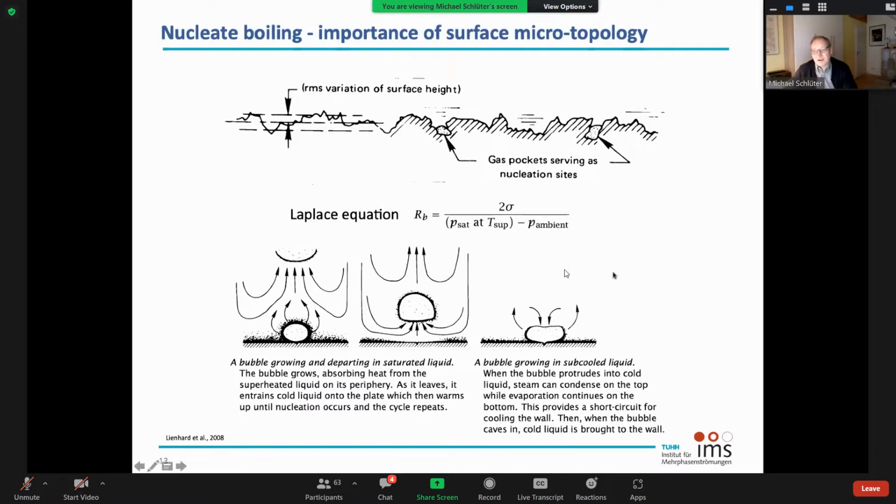Okay, so this means, as I have mentioned, the detaching vapor bubble here influences the flow around it. So we get strong convection, and this convection enhances the heat transfer even further. And sometimes, and this is also interesting, you can also observe this in your pot if you're cooking your eggs.